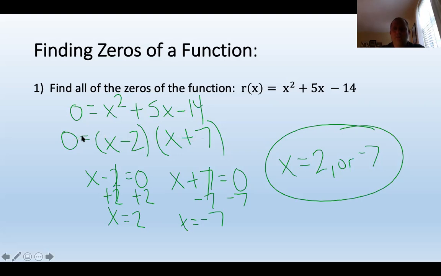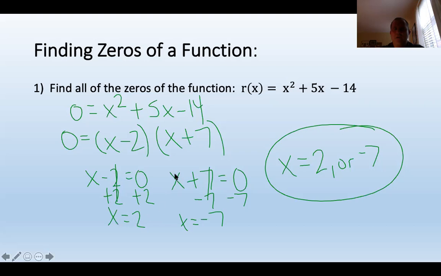And then to solve the equation for x, we want to set each of those factors equal to 0 and solve them for x. So we'd have x minus 2 equals 0, and we'd have x plus 7 equals 0. To solve x minus 2 equals 0, we would add 2 to each side to cancel the negative 2 out, and you'd have x equals 2.